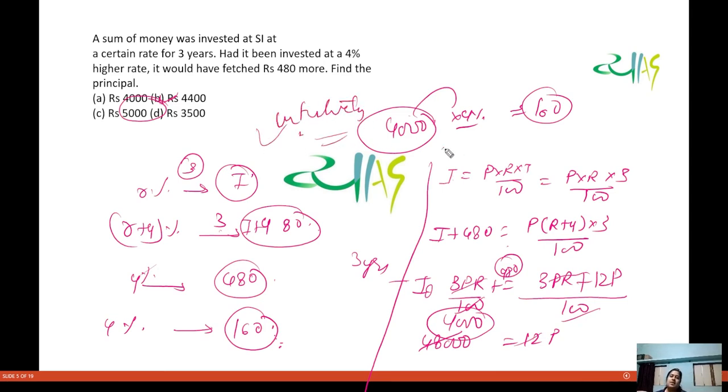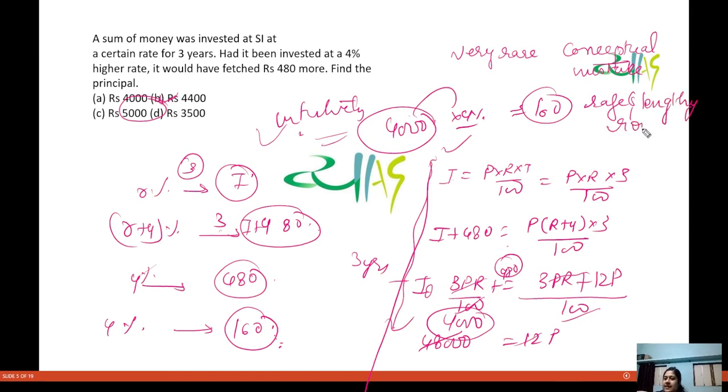So here we got it very intuitively, and here we did it with the lengthy formula. You can decide for yourself which one you understand. When you do it in the long format, it is very rare that you will make any conceptual mistake. So this is the safe and lengthy route, and this is short and intuitive.